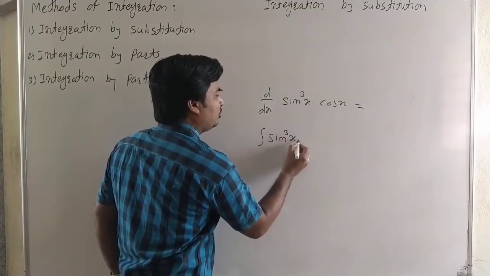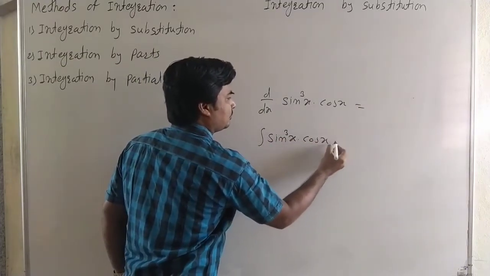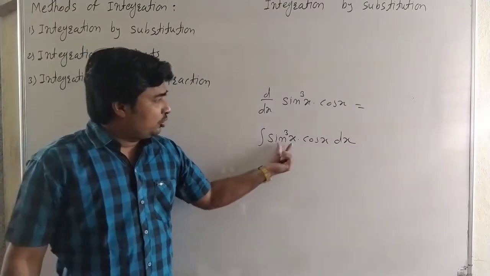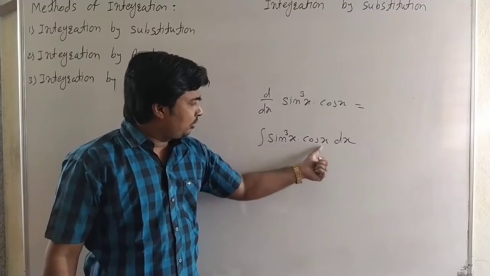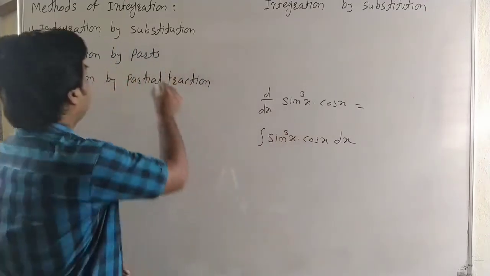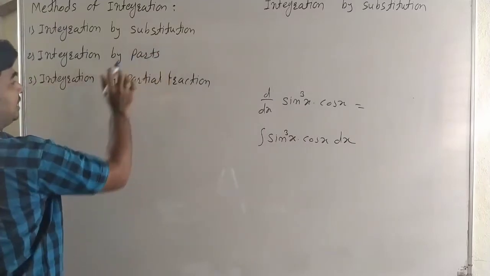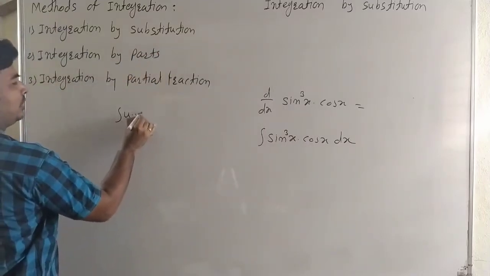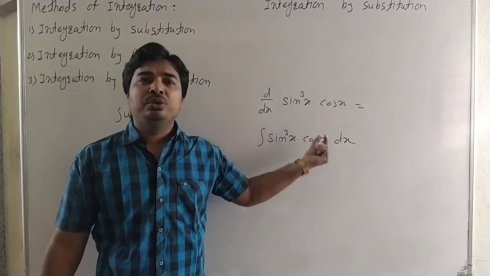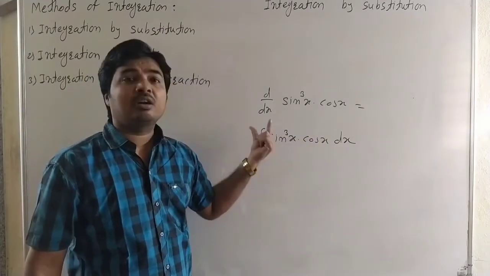How to find the integral of sin cube x into cos x with respect to x? Here there are two functions, a product of two functions, u into v, which is integration by parts. But here we cannot directly use u into v because sin cube x is a composite function.